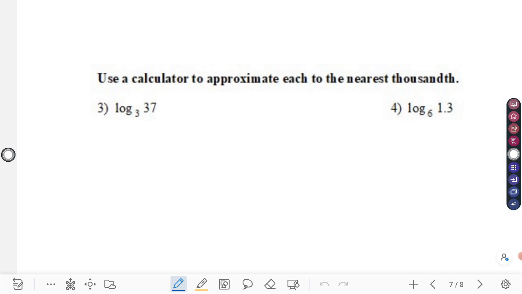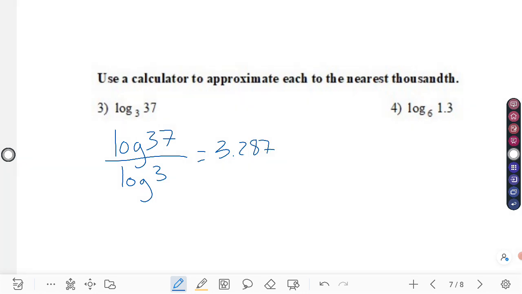All right, so now we're actually going to calculate these in a calculator. It's always the log of your number divided by the log of your base. All right, so go ahead and calculate that one. And you should get 3.287 rounded.